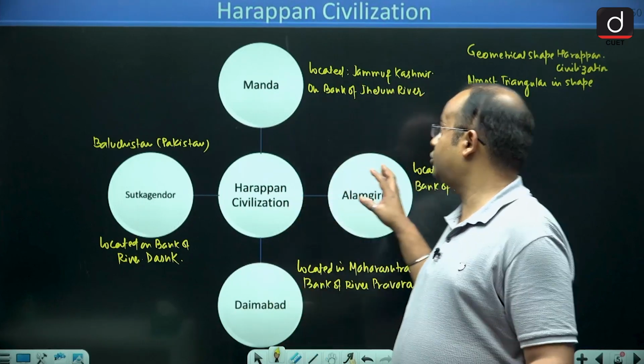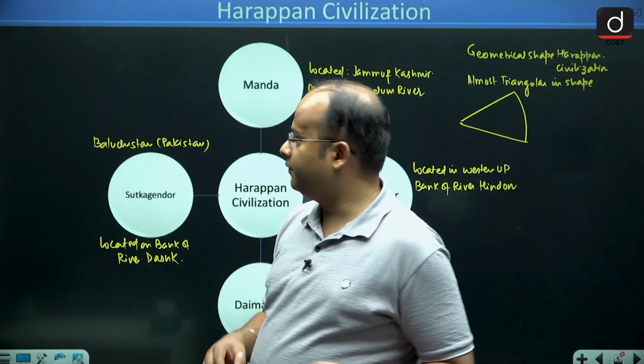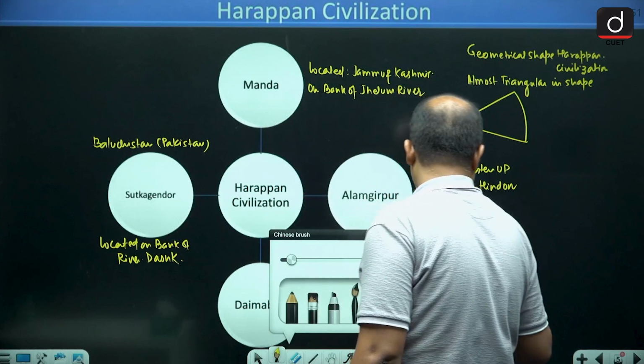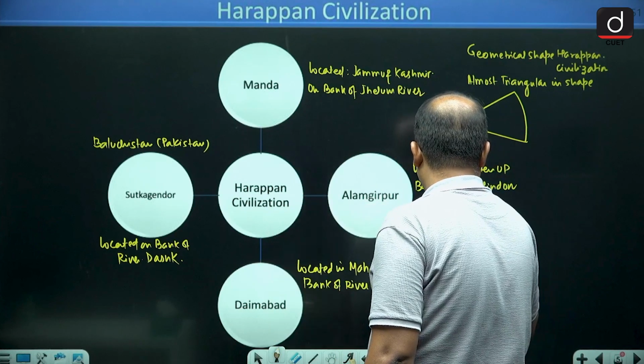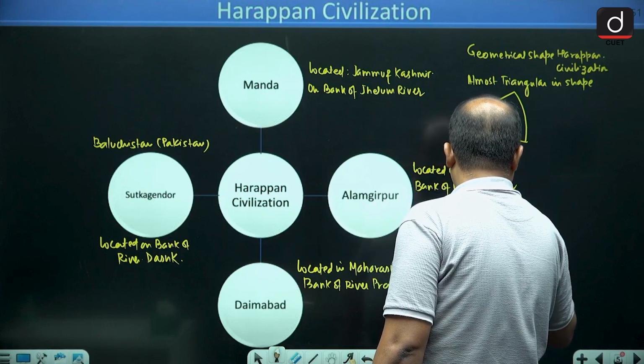Now let's come to the total area of the Indus Valley Civilization. Let's come to some important facts about the total area of the Harappan civilization.